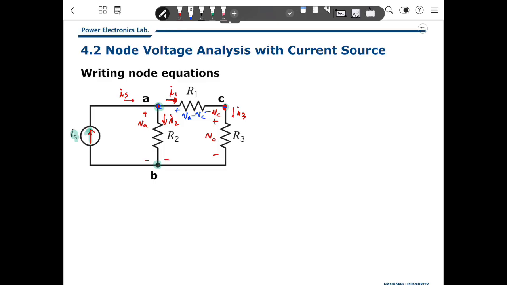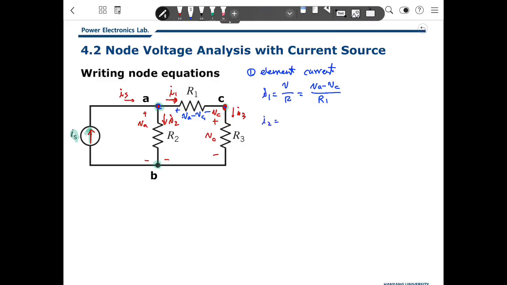Then you can make the element current. Then what is I1? I1 is V over R, where V is VA minus VC, and R is R1.